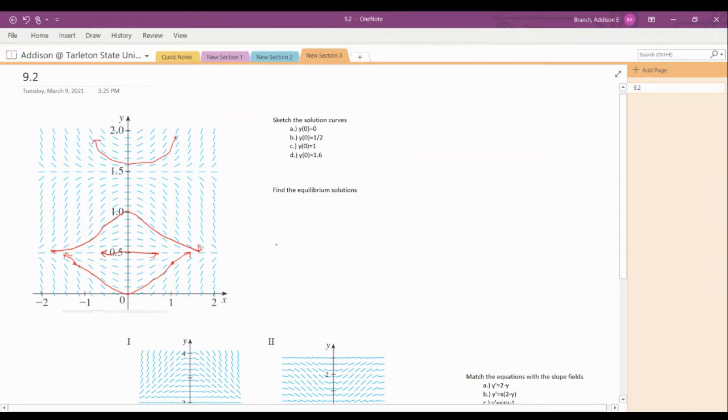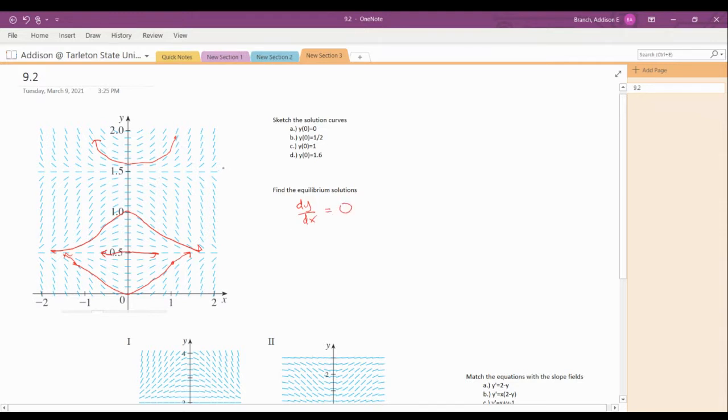Then we can see right here, it also says find the equilibrium solutions. Like we said when we were talking about our population growth model, our equilibrium solutions are points where our derivative is equal to 0. So in this case, equilibrium solutions are where dy/dx is equal to 0.